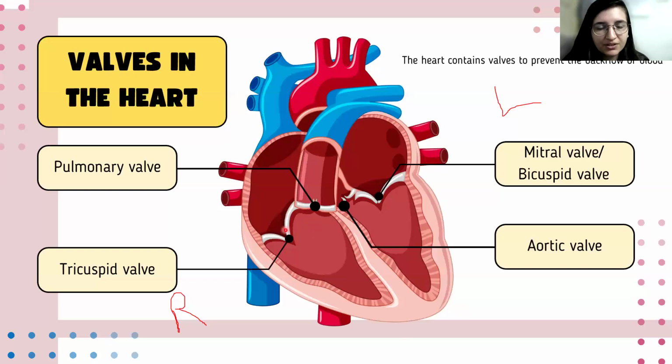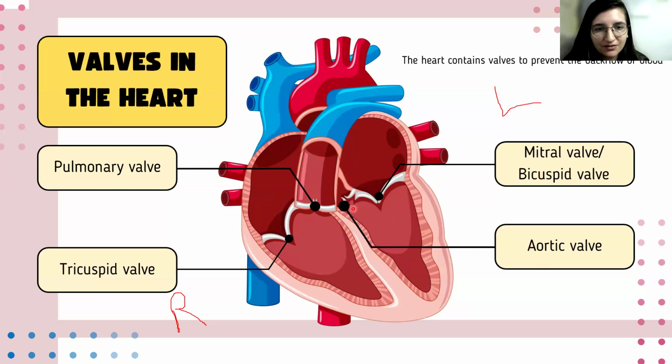And again, remember the valves. You have to remember these valves. You have the tricuspid valve, which stops the blood from going back to the atrium. Then you have the pulmonary valve, which stops the blood from coming back to the ventricle. And on this side, you have the aortic valve. Remember aorta, and then you remember the aortic valve.